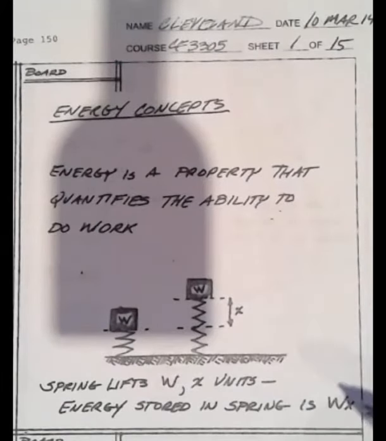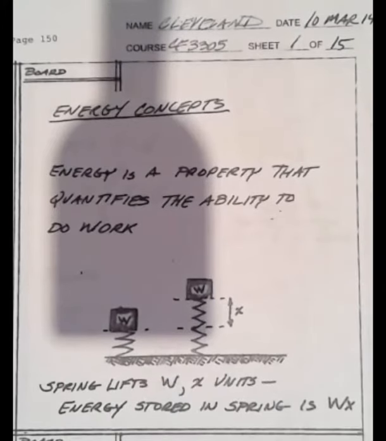And so we would say that the energy is the weight, which is a force, times the distance of the spring displacement, which is x. And then if you knew the spring constant, you would know how much energy could be stored in the spring for any particular amount of deformation.